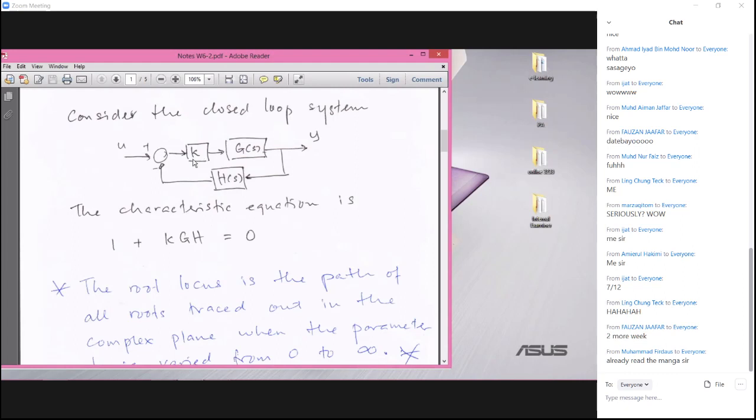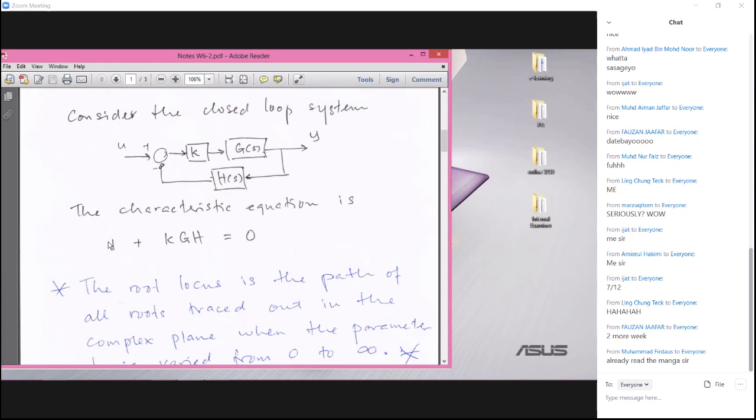In this case, we assume that we just use the proportional controller, where our action is proportional to the error. So consider this general closed loop system. The characteristic equation is the denominator of the transfer function equals 0, which is 1 plus KGH equals 0. This is what we call the characteristic equation, the denominator of the transfer function.